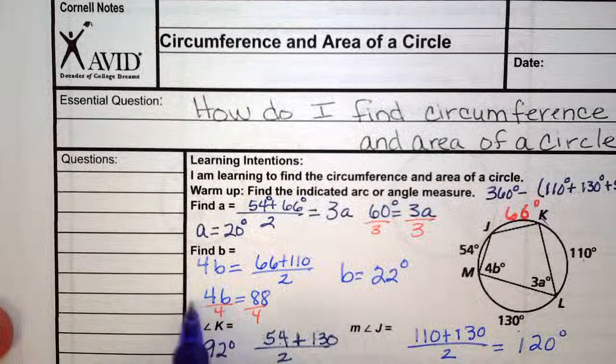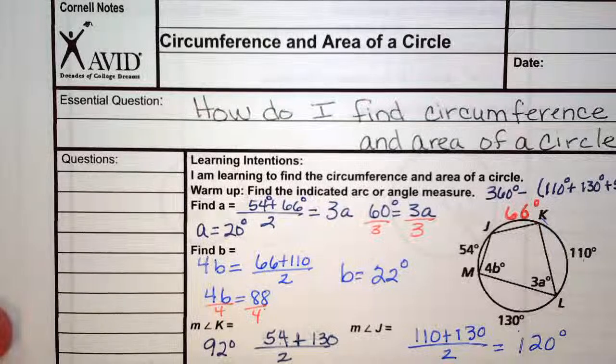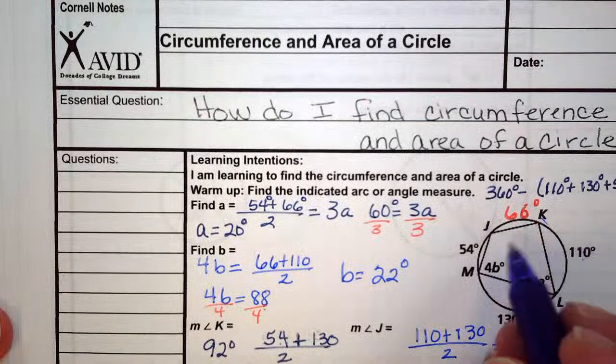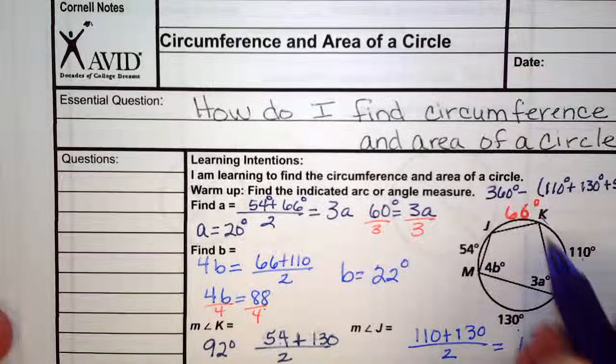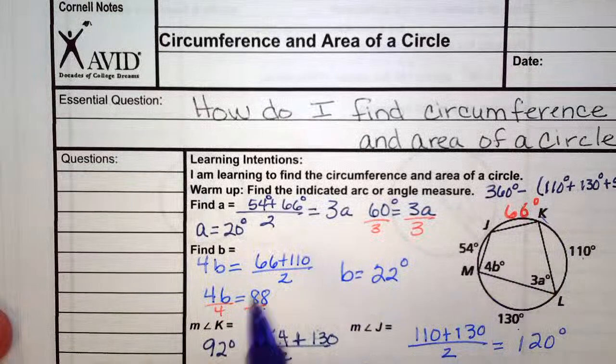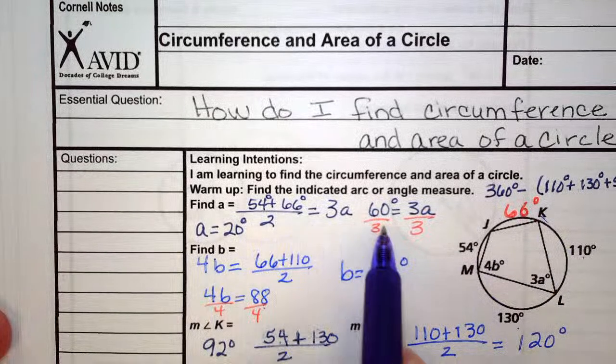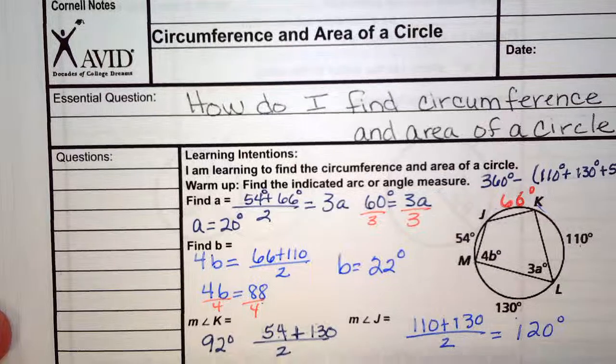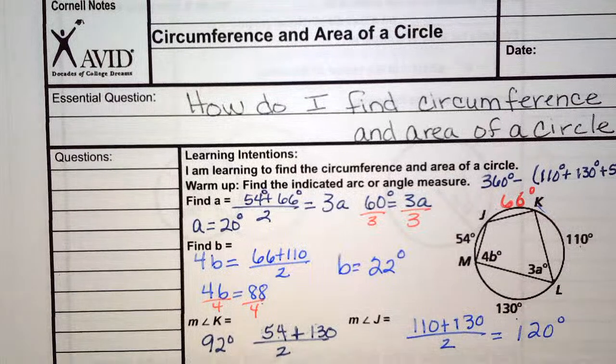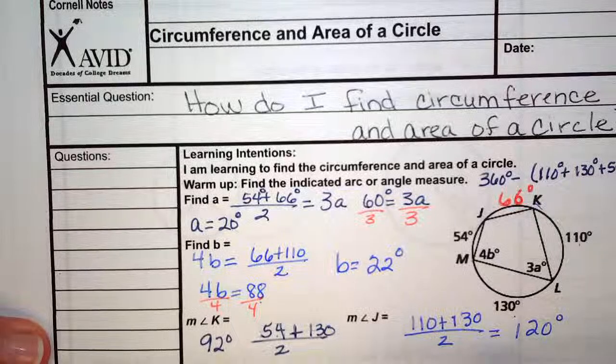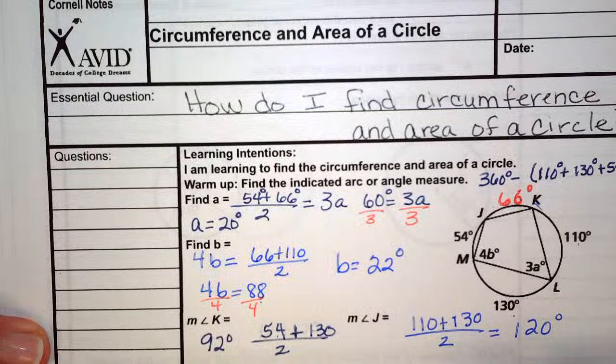We also could have used this here, which would have told us 88 also. Measure of angle L. If I'm looking at L, it's that 3A, 3 times 20, which would give me 60. That would be 60 degrees.